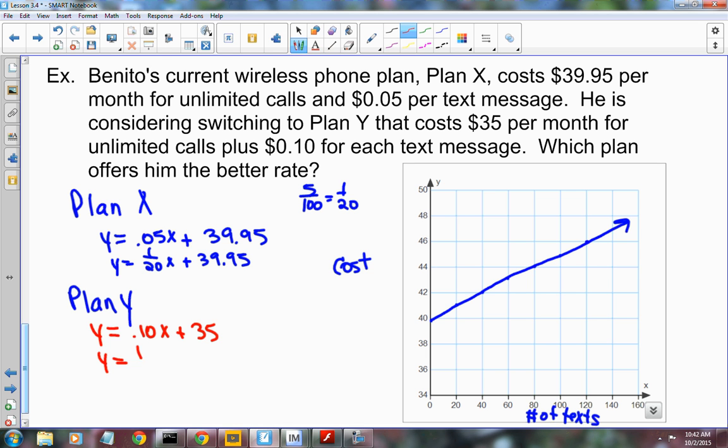So it's y equals 1/10x plus 35. Okay, so I come down here to 35. This time I rise 1 and run 10. So rise 1, run 10. I'm going to do that a whole bunch of times just so I can get it good because I'm not very good at drawing. Okay, so not very good at dots either. Okay, so it looks about like that, right?